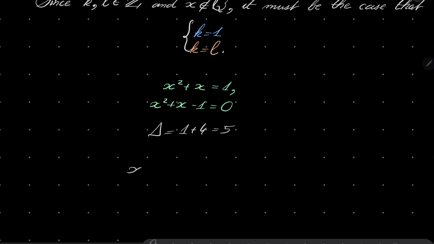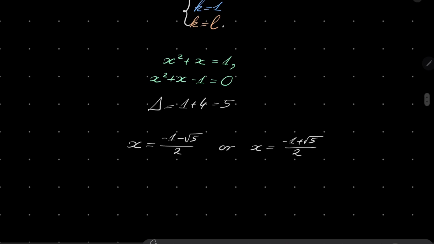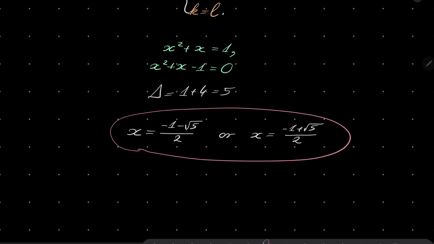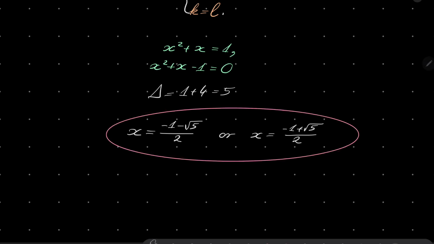So we have two solutions. x is either minus 1 minus square root of 5 over 2, or x is minus 1 plus square root of 5 over 2. So these two numbers satisfy our first equation, and the second equation is automatically satisfied as well. We have exactly two solutions.